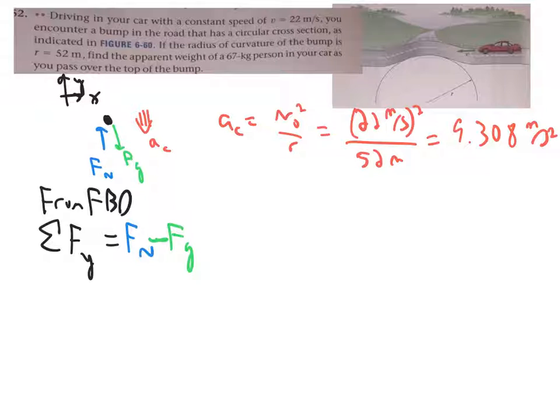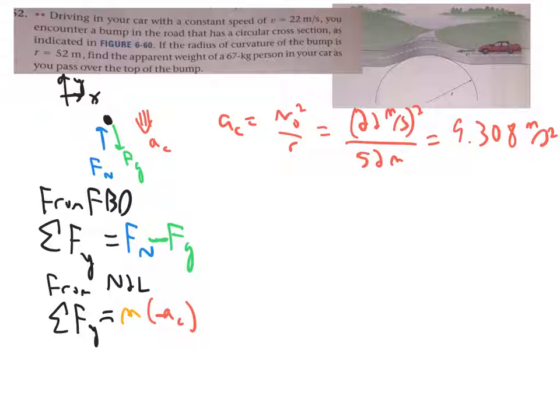All right, and then from Newton's second law, we have that the sum of the forces in the y is the mass of the person times their acceleration, which is ac, but again we indicate it's against the direction of the axes, so it comes in as a minus.